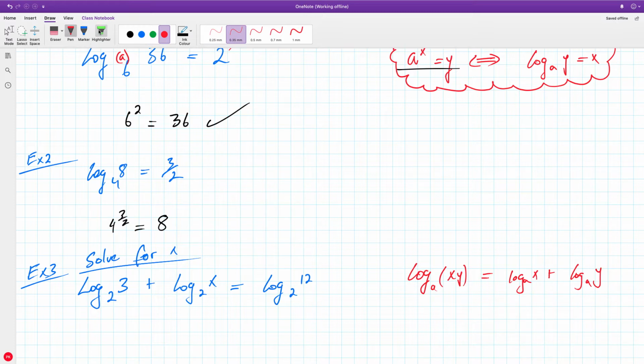Because you have a and a, you can turn it into this. So we've 2 and 2. This can become the log of 3 by x to the base 2 is equal to the log of 12 to the base 2.